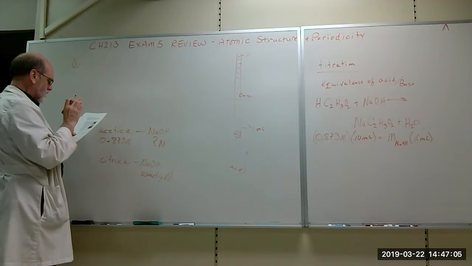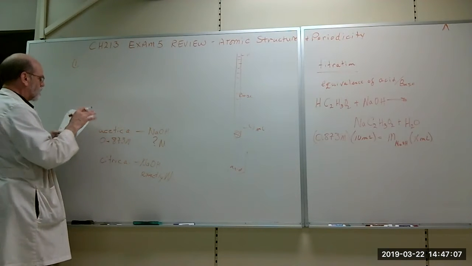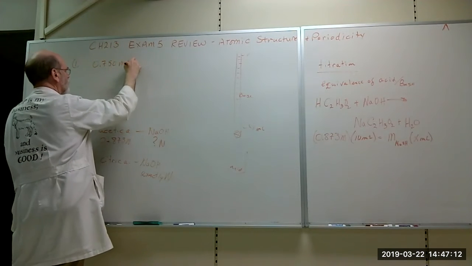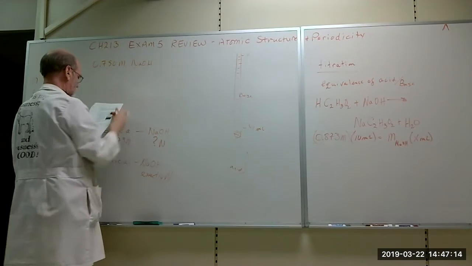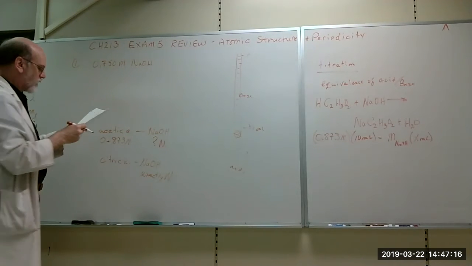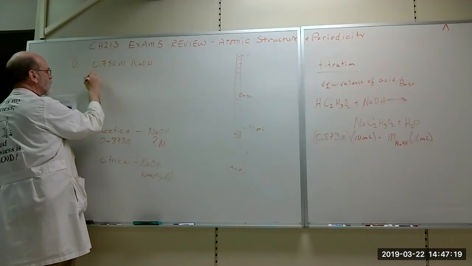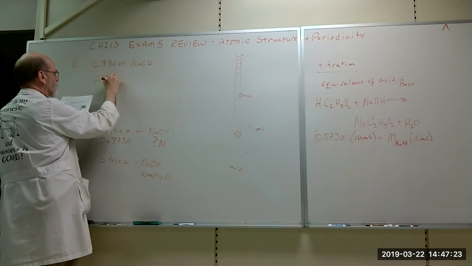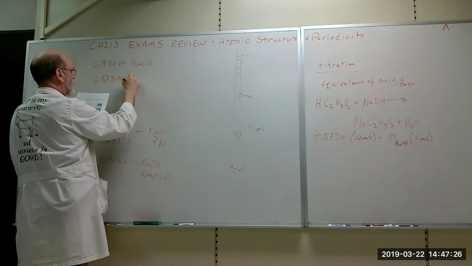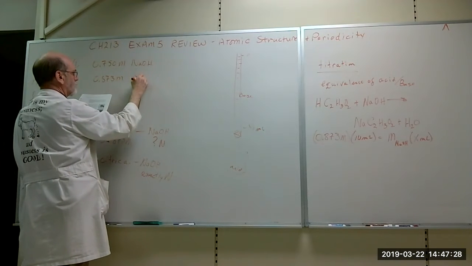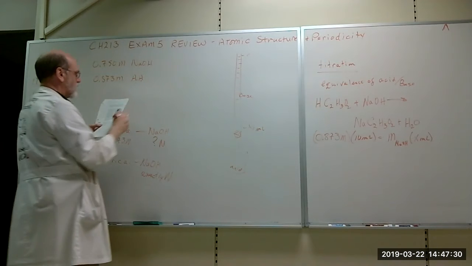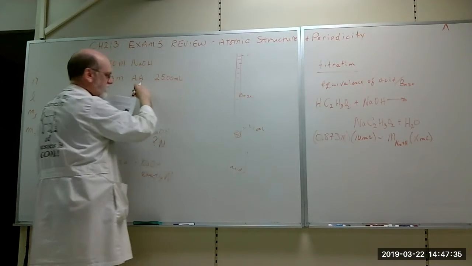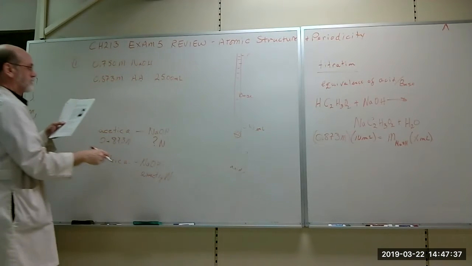So the question is, we want to calculate the volume of 0.75 molar sodium hydroxide required to reach the endpoint with 0.873 molar acetic acid when you're using 25 milliliters of acetic acid in our reaction vessel.